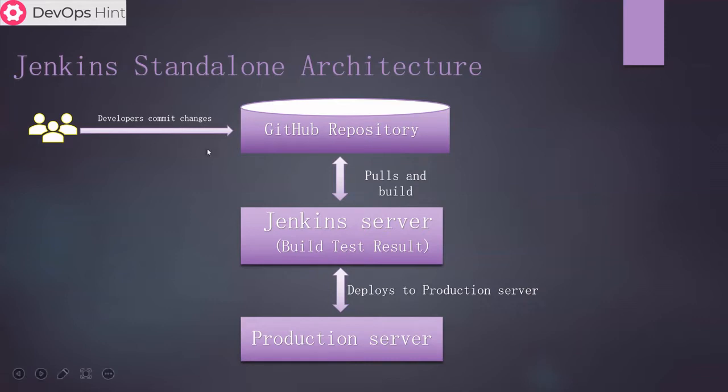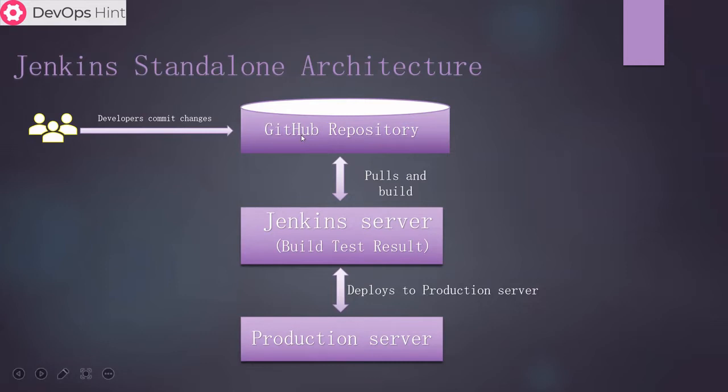Here the developer commits the code to a GitHub repository, and that GitHub we integrate into the Jenkins server. In the Jenkins server, depending upon the code, whether it is Java, Python, Node.js, .NET, or any other, we have to add the build tool in Jenkins.